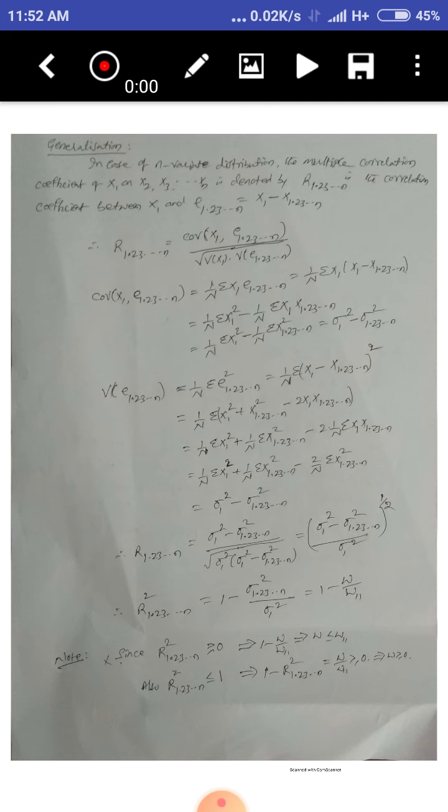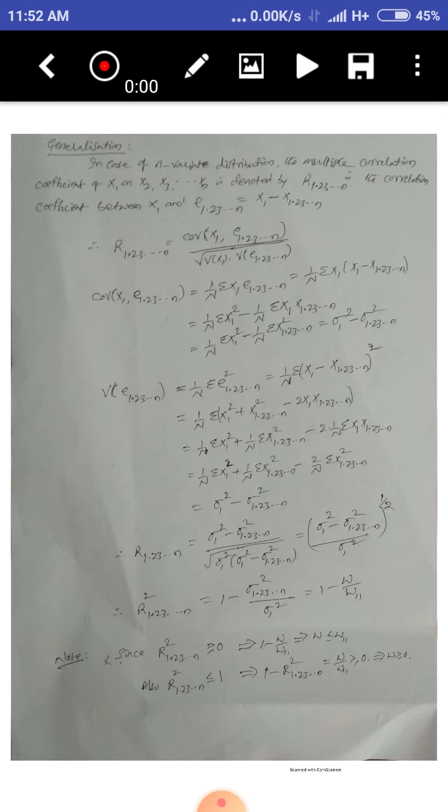By definition, covariance equals expectation of x1 minus E of x1 into E1.23 minus E of E1.23. So that equals 1 upon n summation x1 into E1.23, that equals 1 upon n summation x1 into the substituted value of E1.23, that is x1 minus x1.23.